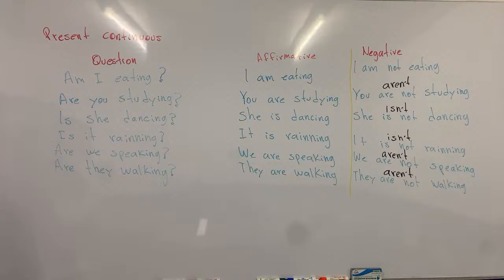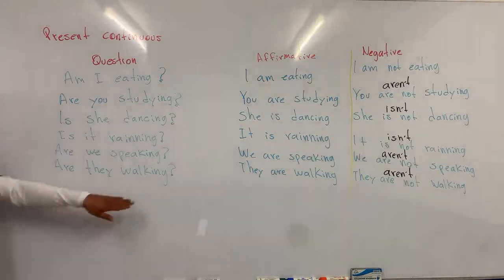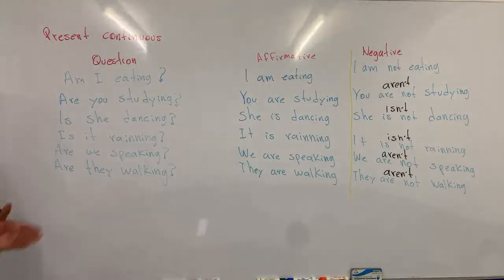We use this tense to talk about actions that are happening at the moment of speaking. Me refiero a, vamos a utilizar el presente continuo para hablar de cosas que estamos haciendo exactamente en este momento. Now, for questions, these are yes/no questions. You can use the contraction in both affirmative and negative sentences.